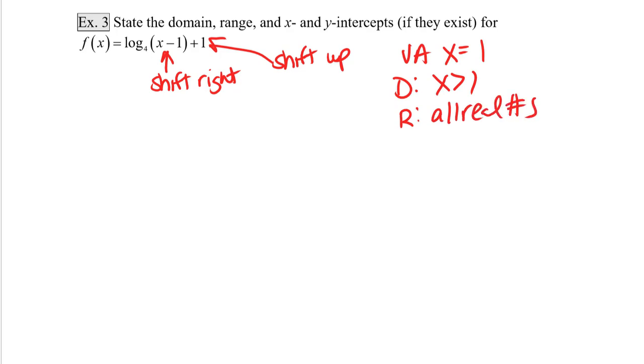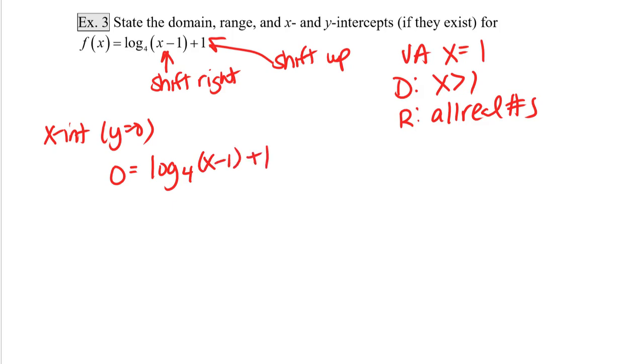And then we're just going to use our algebra skills to locate the x and y intercepts. We know that the x-intercept is when y is equal to 0. So I'm going to replace f of x with 0. 0 equals log base 4 of x minus 1 plus 1. I'll subtract 1 from both sides.